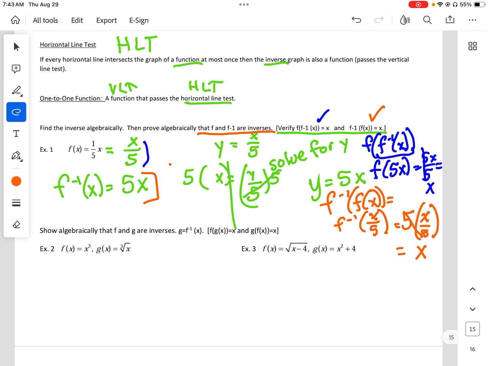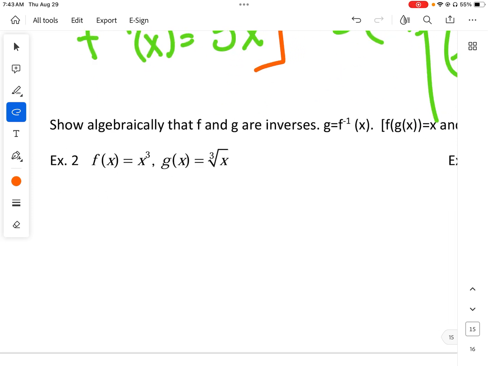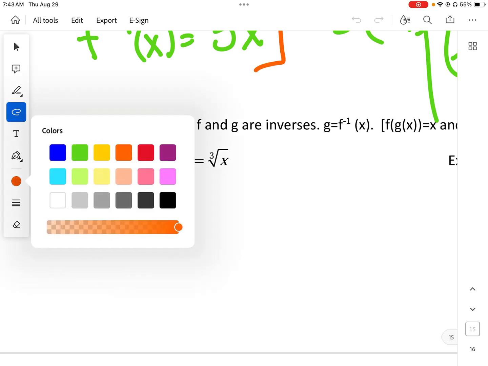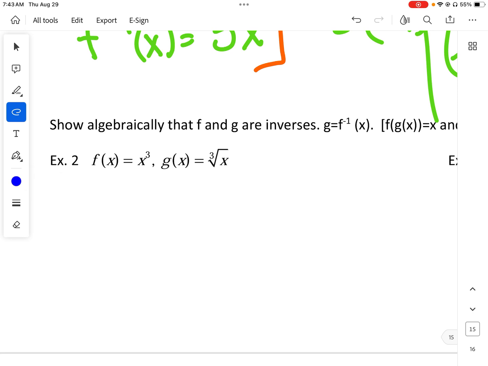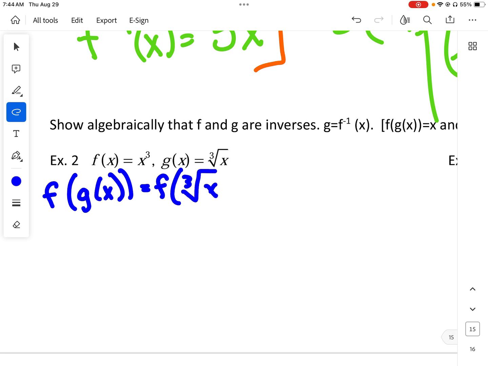Let's look at the next one. Show algebraically that f and g are inverses. All we're going to do is just like we did the last one. I'm going to do f of g of x. The f function is x cubed, but the g function is this.